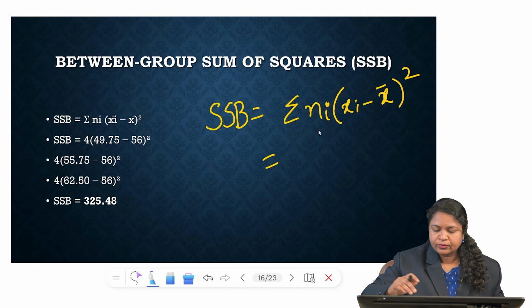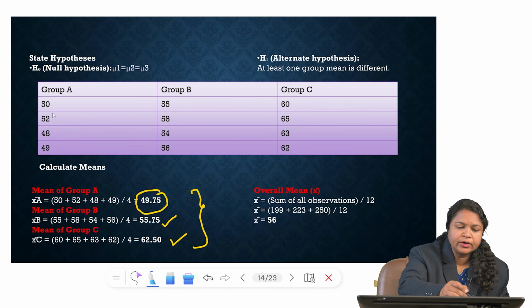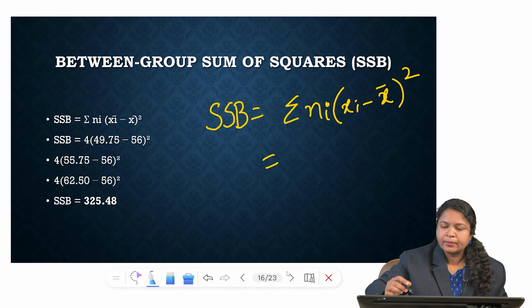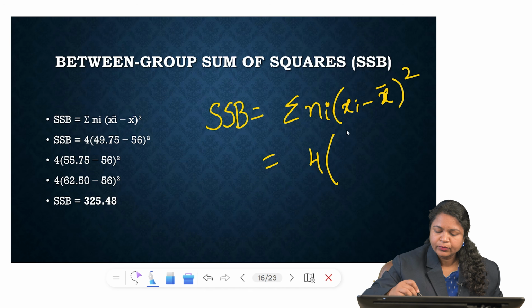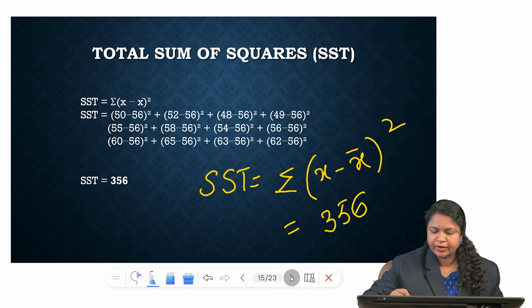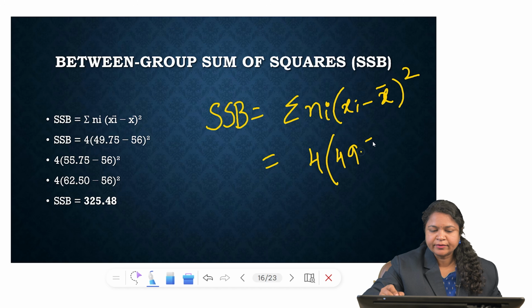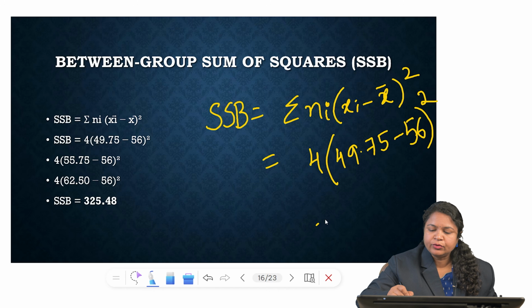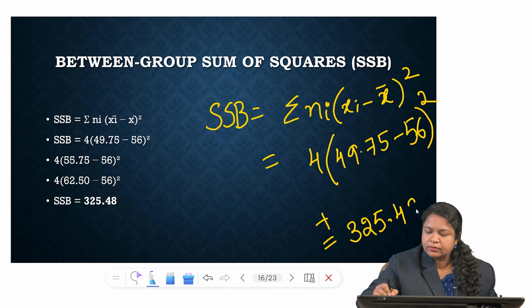So we have 4 observations in each group, so 4 times, for group A, 49.75 minus the overall mean of 56, squared. If you sum all these values individually, we get the sum of squares between.